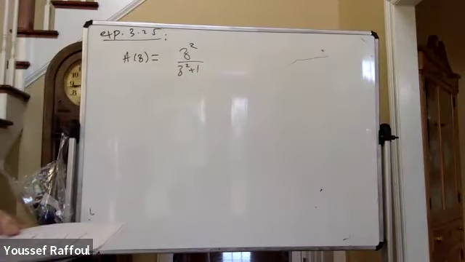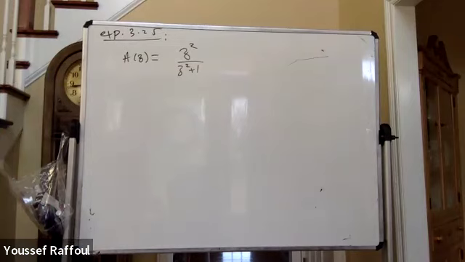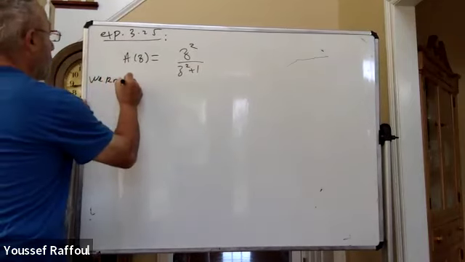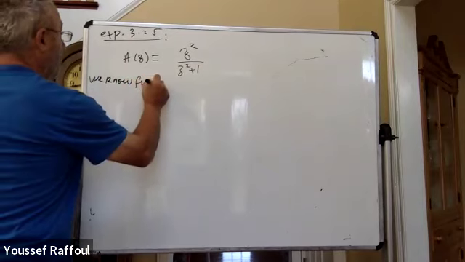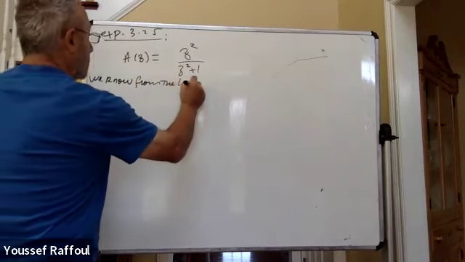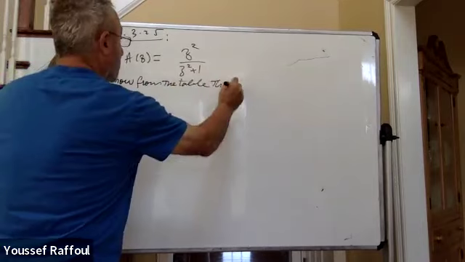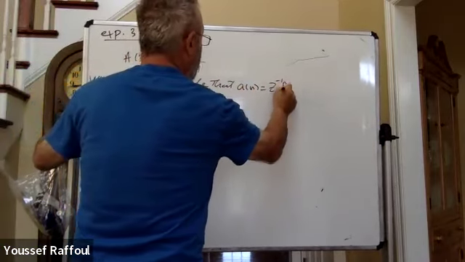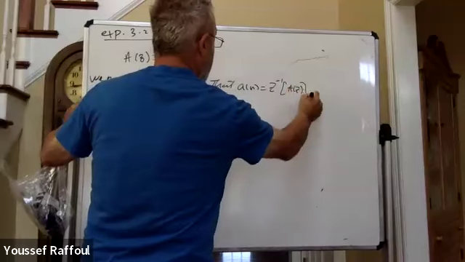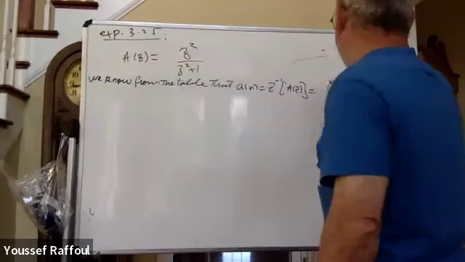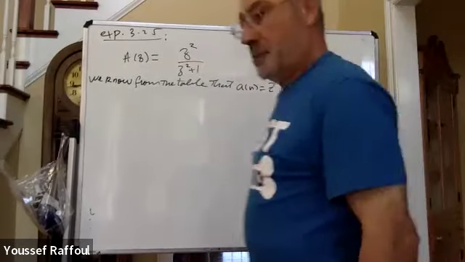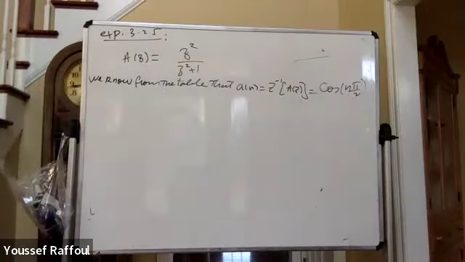Well, I mean, we already know from the table that A(n) is the inverse of A(Z), and that is cosine n pi over 2. Just look at the table.